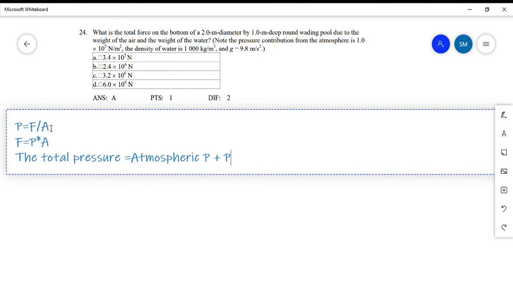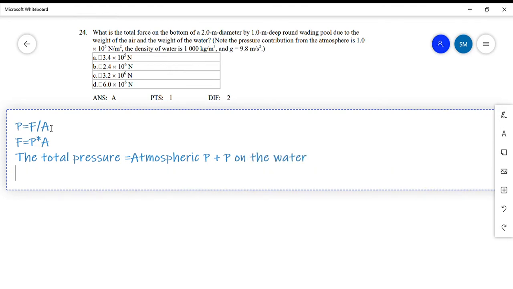The atmospheric pressure, he gave us in the givens, is equal to 1 times 10 power 5. This is the atmospheric pressure.